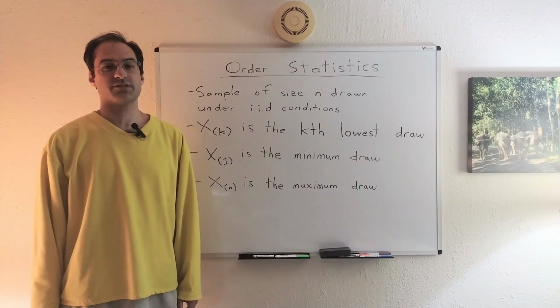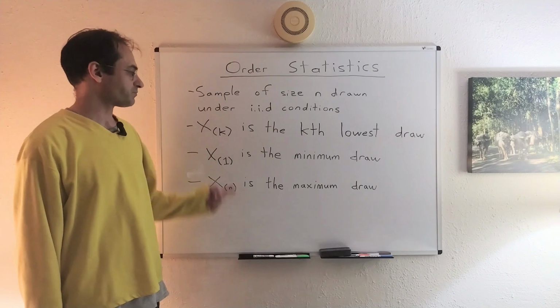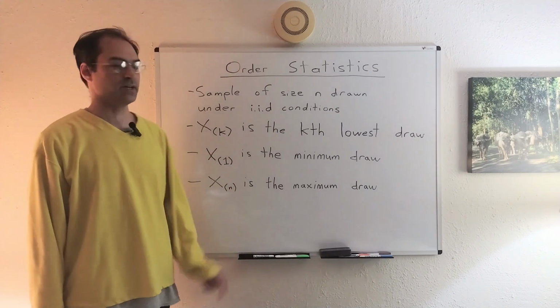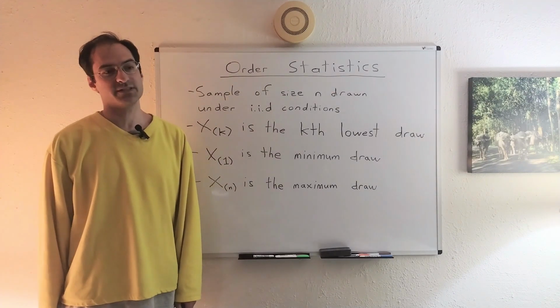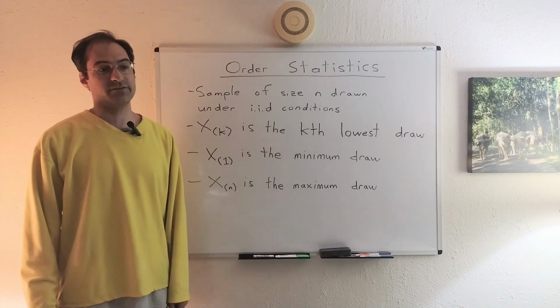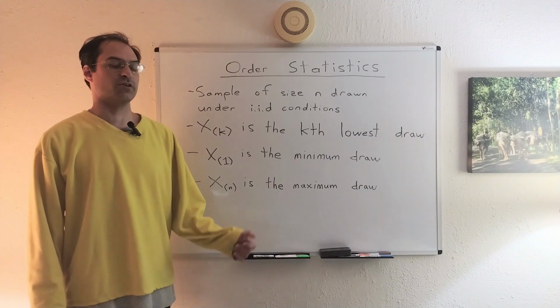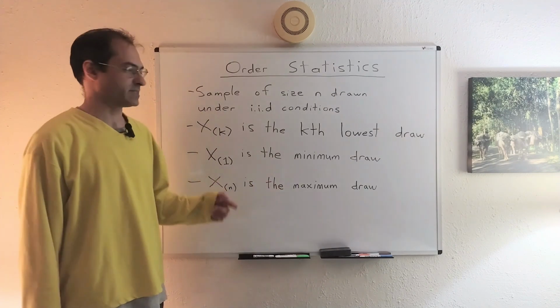Whoever's time is the lowest, that time in seconds would be x sub 1, and whoever's time was the slowest, that would be x sub n. And if we want to know what the fourth place time was, that would be x sub 4.